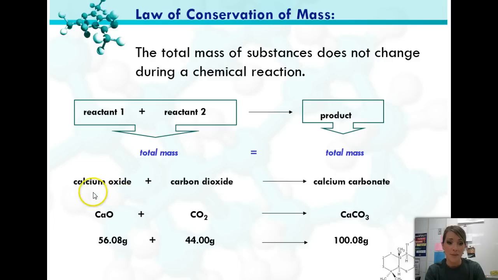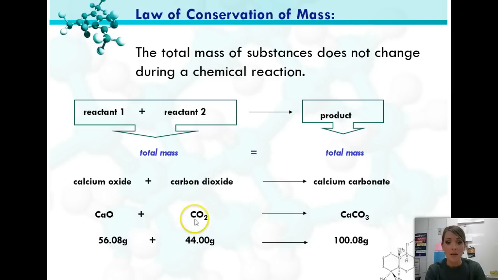So in this example, calcium oxide combined with carbon dioxide is going to produce calcium carbonate. So when you start out, calcium oxide is CaO plus CO2 yields CaCO3. Here you can see you have one calcium atom in your reactant, one calcium atom in your product.